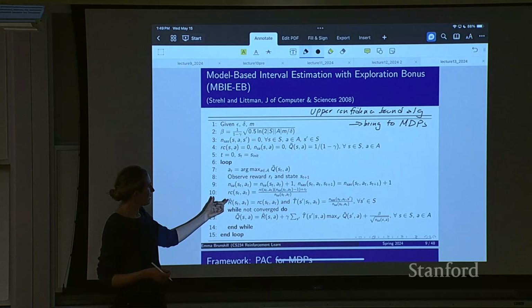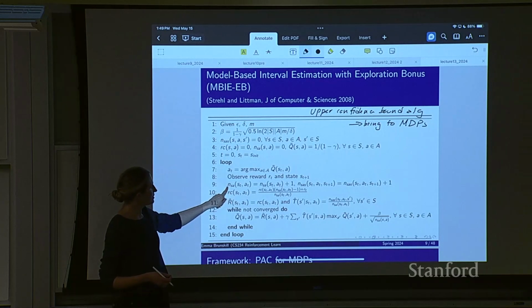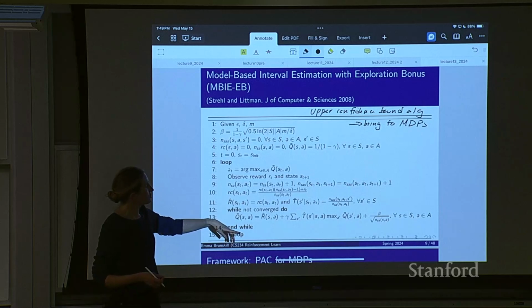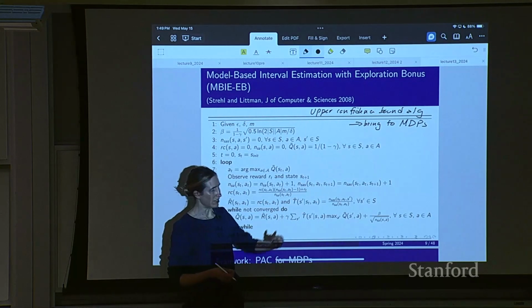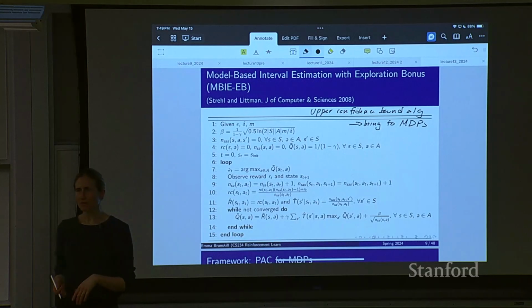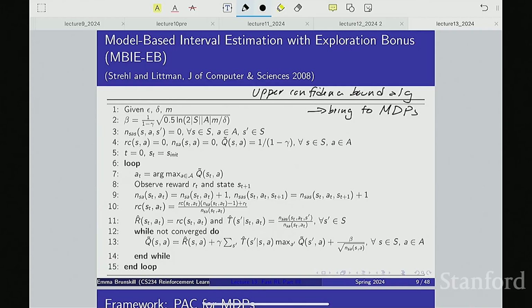So in the reward case, we're going to maintain counts of how many times we've taken an action in a particular state. We're also going to maintain counts of how many times we've started in a state, taken an action, and went to a particular next state. And we've seen these ideas before for tabular Markov decision processes. We've used them for certainty equivalent planning back in the first couple of weeks of class.